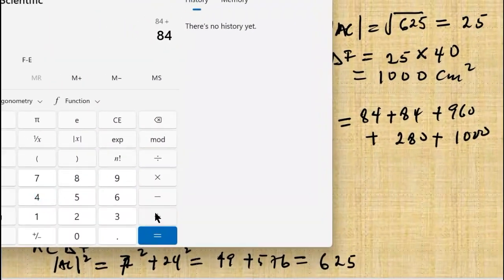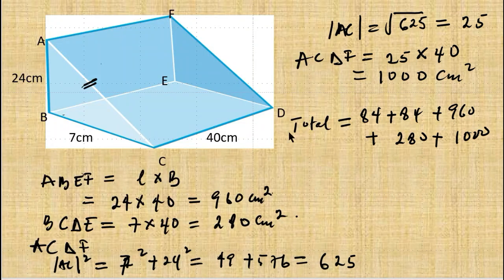Total surface area equals 2408 centimeter squared.